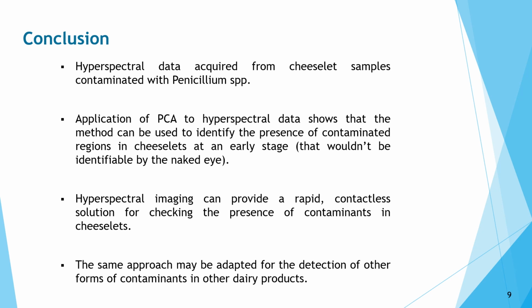We applied principal component analysis to the hyperspectral data and showed that this method can help us identify contaminated regions in the cheeselet, even at a very early stage when there are no visually obvious clues that the food sample is contaminated.